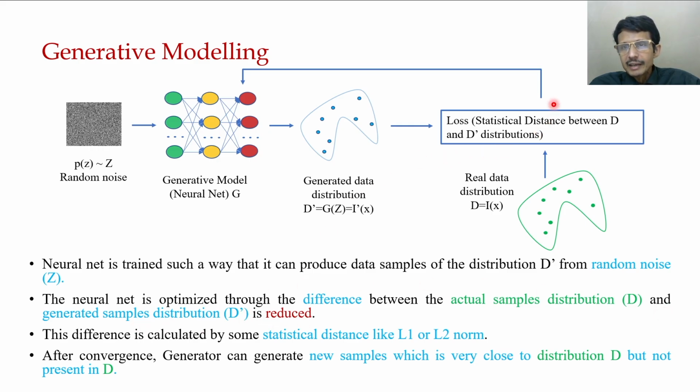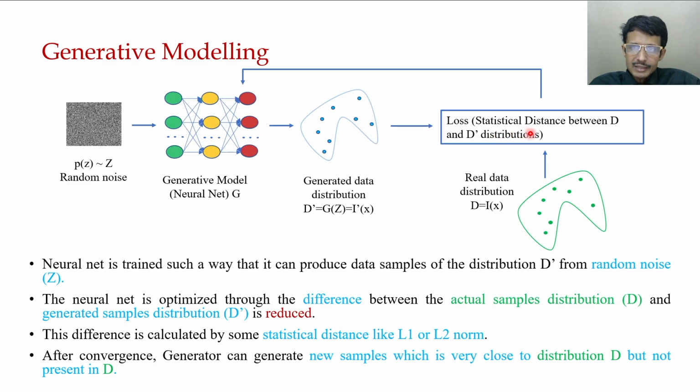So what is the optimization criterion, what is the loss function? The difference, or statistical distance, between D and D bar. And if we minimize this loss, then definitely these two will come closer. That means the distribution D bar becomes close to D, so that the generated data samples are more alike, or more similar, to the real data samples.